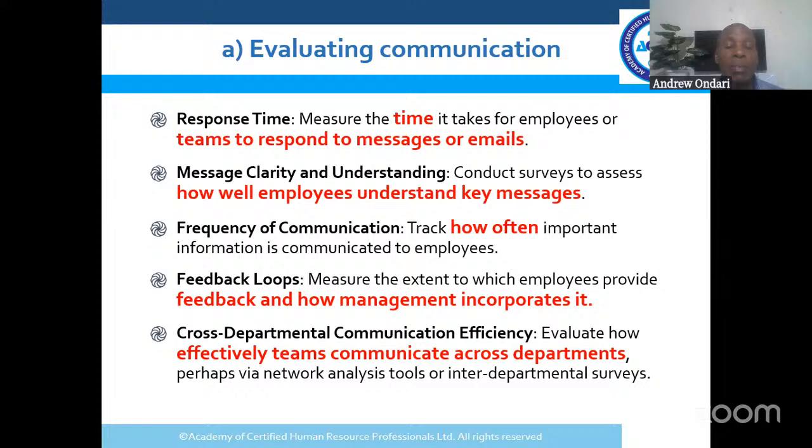So interdepartmental or cross-departmental communication is important when you are thinking of this communication strategy, meaning that we need to create an internal network. This network can be downward, upward or horizontal. From this network, we are able to gather information and get feedback from our communications.